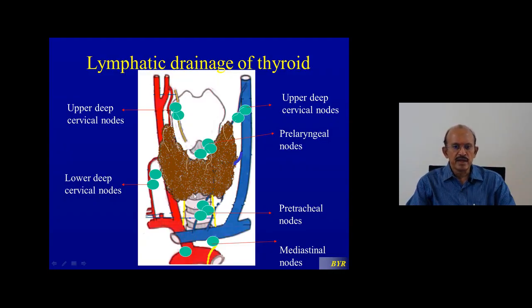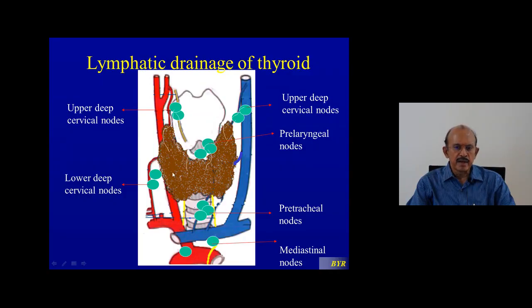They belong to the central compartment of the neck. These lymph nodes are also called the nodes of Delphius or Delphic nodes. Some of the lymph drains along the superior thyroid vein to the nodes situated along the superior thyroid artery.